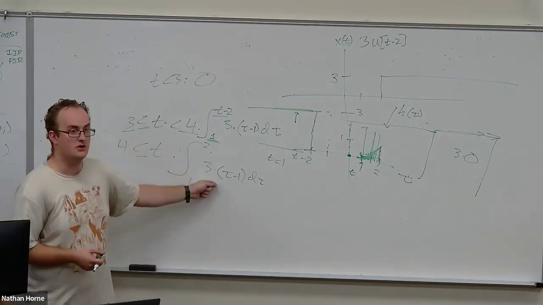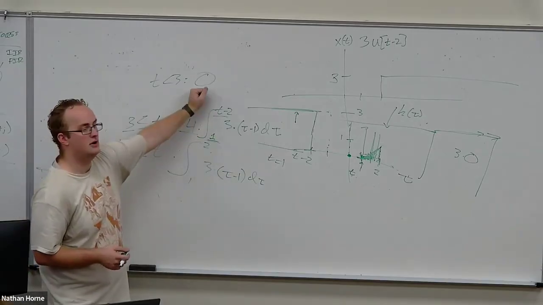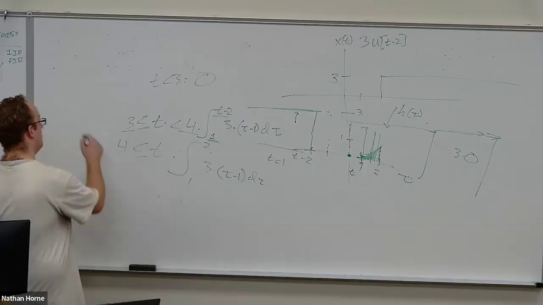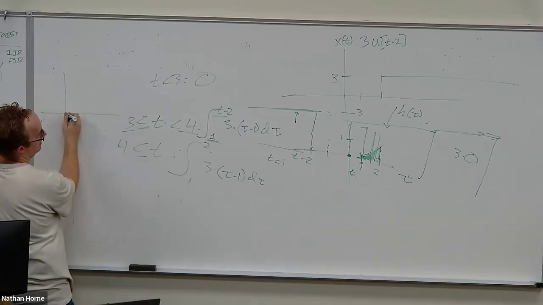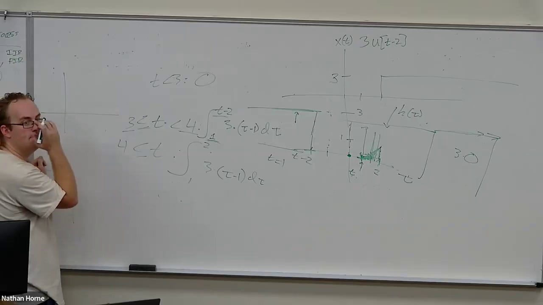And so if you do these integrals, you'll come out to either some constant value or some equation in terms of t. So if we were to graph this, we're going to get some graph, I believe, because this is a triangle hitting a square.